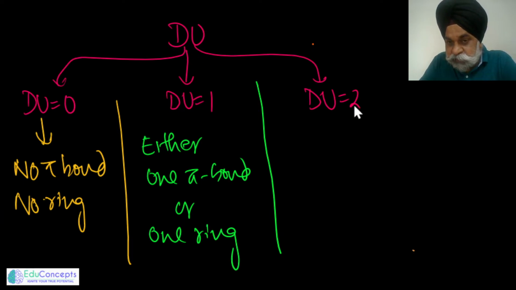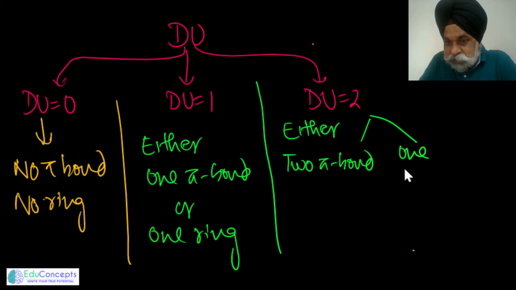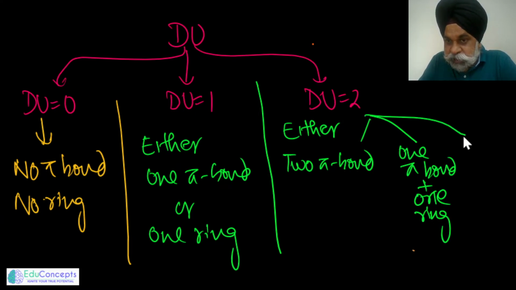Now similarly, if I go for degree of unsaturation 2, any of these cases can be there. Either it has 2 pi bonds, or 1 pi bond plus 1 ring, or 2 rings.